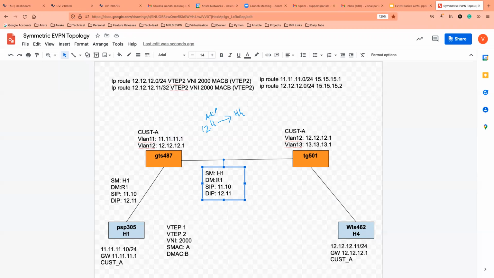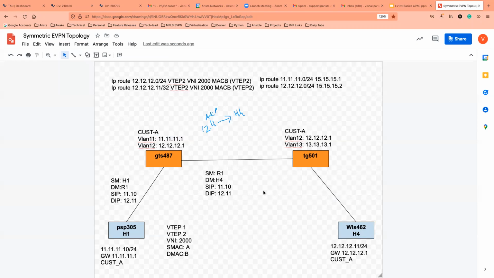So what will be the source MAC and destination MAC? Is there any change? The source MAC would be R1, and the destination MAC would be H4, right? Any change in source IP and destination IP? No.